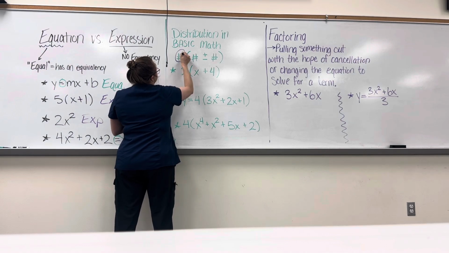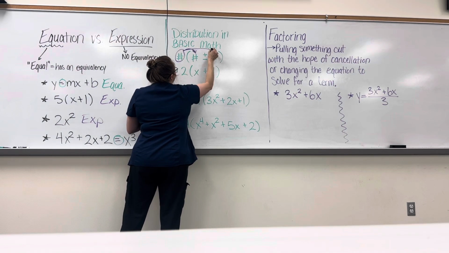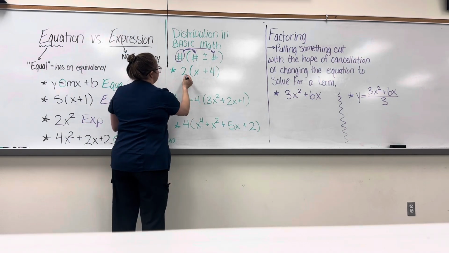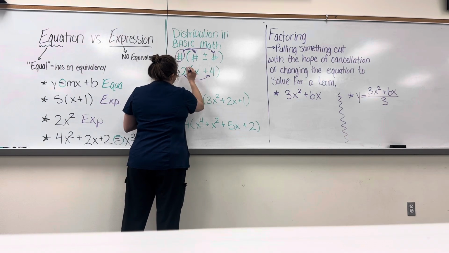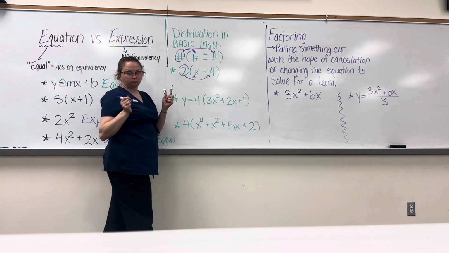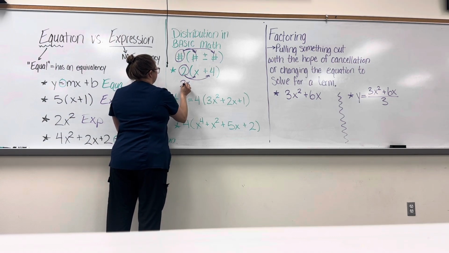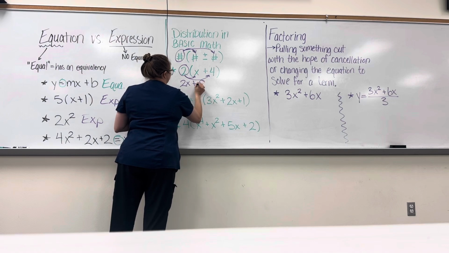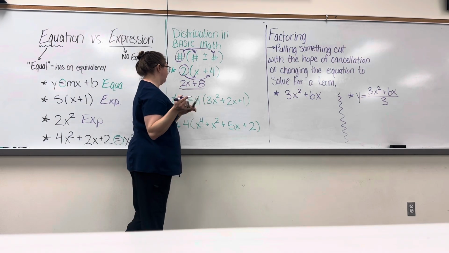You're going to take this number, distribute it through the expression to each of the terms. So 2 times x is 2x, plus 2 times 4 is 8. That would be your answer, 2x plus 8.